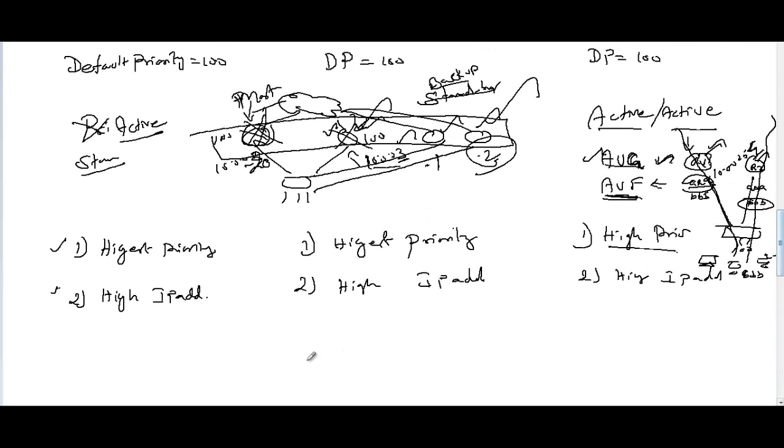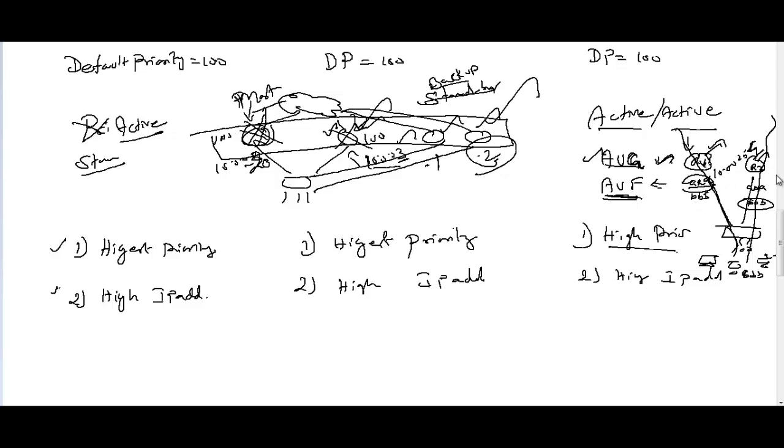So all even computers go via the right-hand side router, which is R2, and all odd computers, computer number 1, computer number 3, go via router 1.